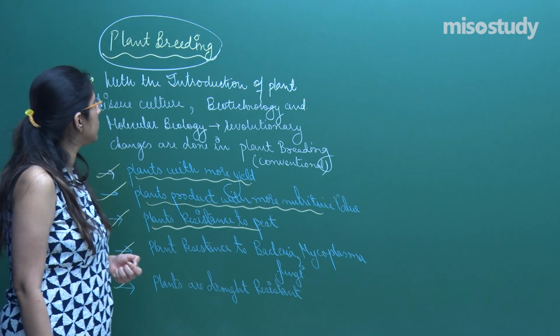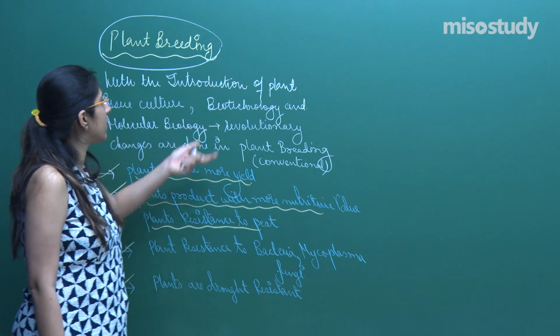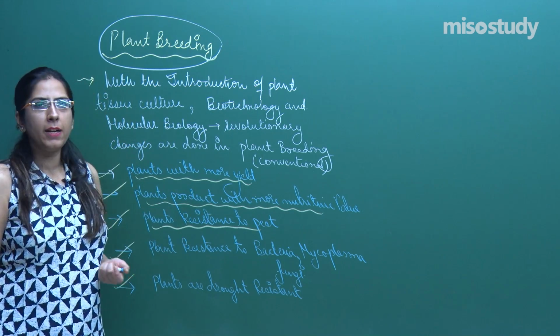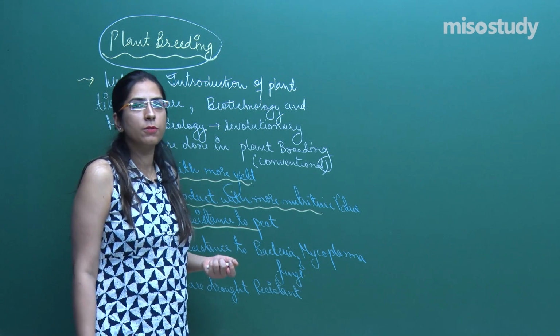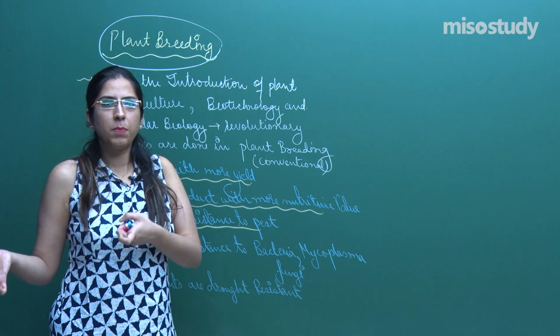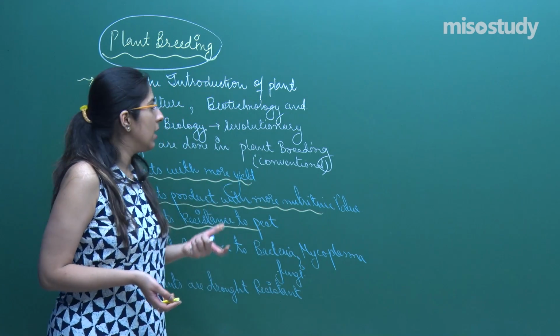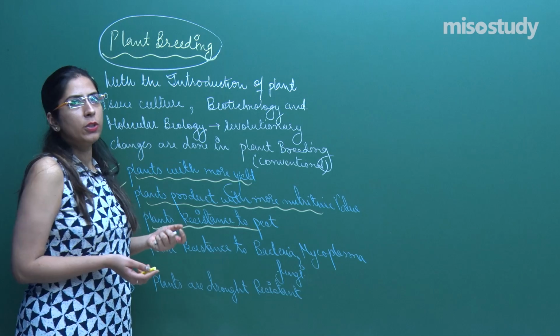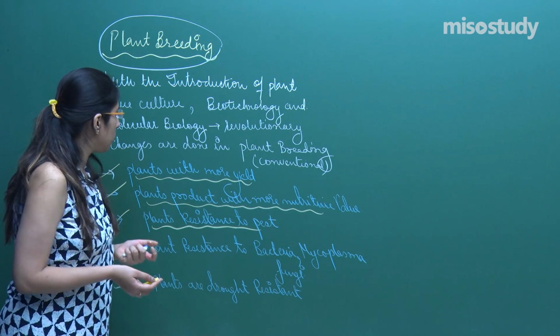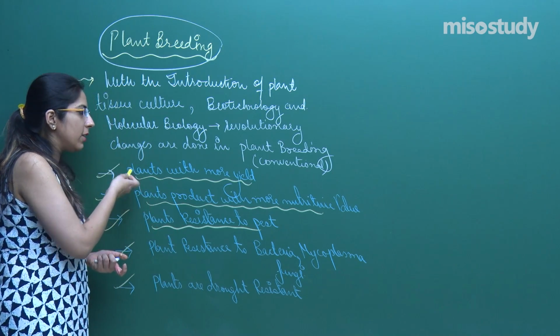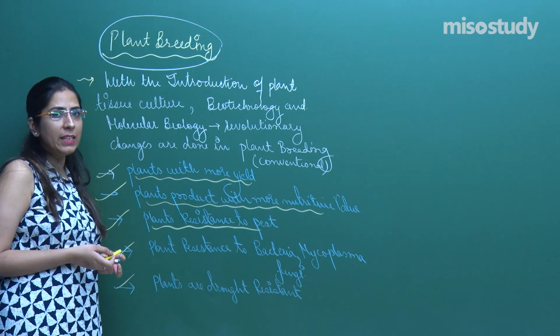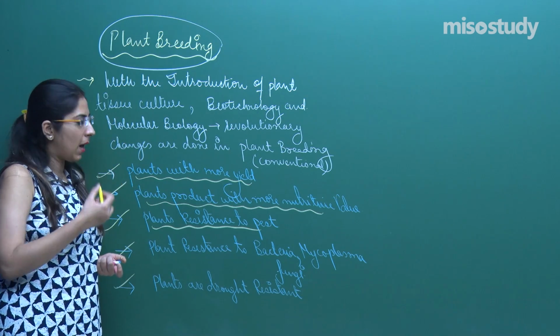Then what I will do with the help of these different strategies like plant tissue culture, biotechnology, or the introduction of these foreign genes from one species to another, from one plant to another, with the help of the transfer mechanism or the use of the vectors, I can transfer that particular gene which gives more yield to my desired plant.